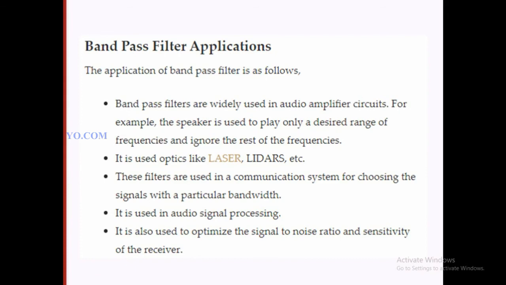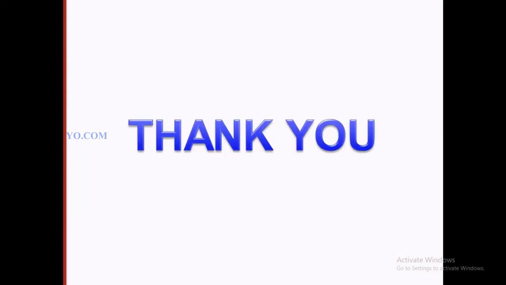Then it is used in optics like lasers, and these filters are used in communication systems for choosing a signal with a particular bandwidth. It is used in audio processing. It is also used to optimize the signal to noise ratio and the sensitivity of the receiver. So the bandpass filter is applied in all the areas where we are using signals. In medical applications also this filter is used to filter some high frequency noises in ECG measurement.